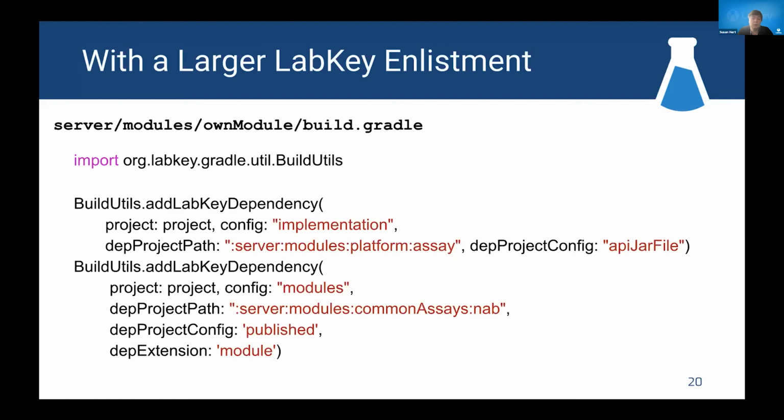All of those things will help it determine whether it's going to build or it's going to try to find it in Artifactory. So this is what the build.gradle file looks like if you're using this larger LabKey enlistment and want to use that build from source property.